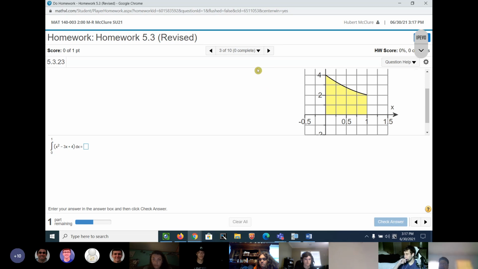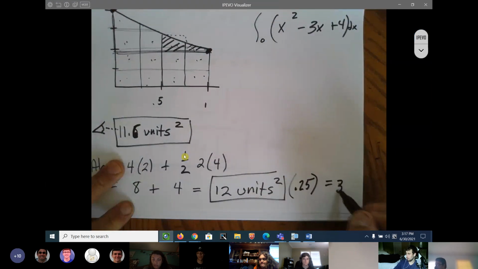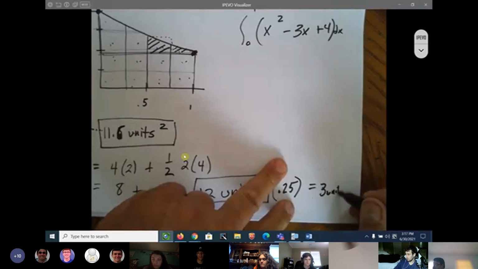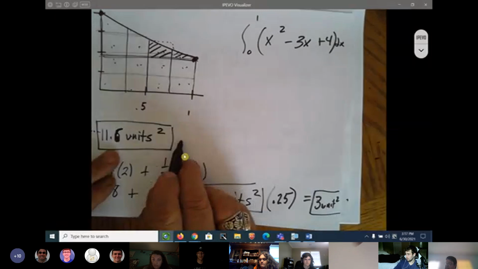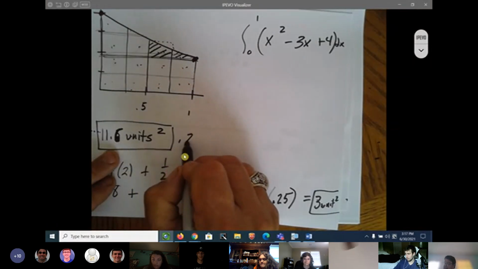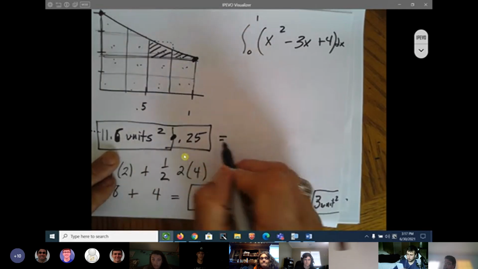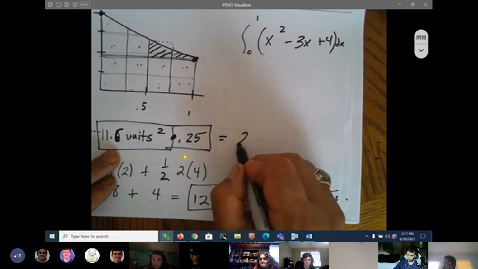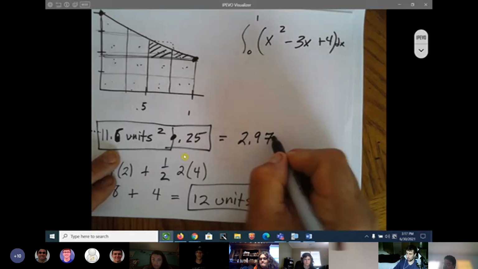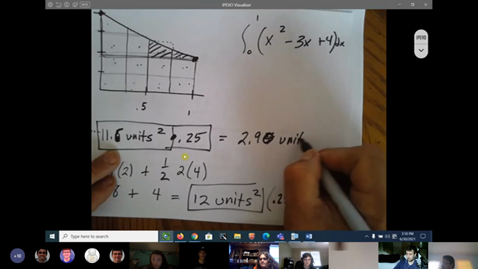So multiply this by 0.25 and you get 3 square units. And what's 11.6 times 0.25? 2.9, sir. 2.9 square units.